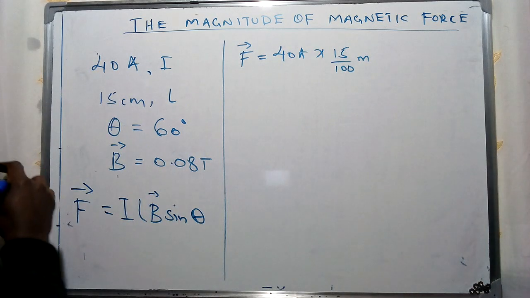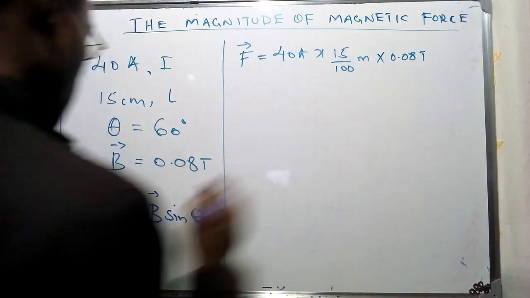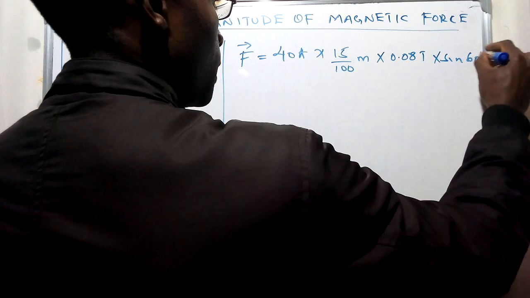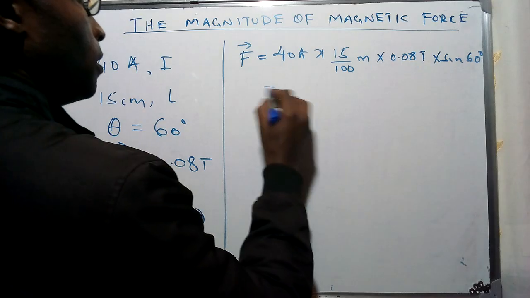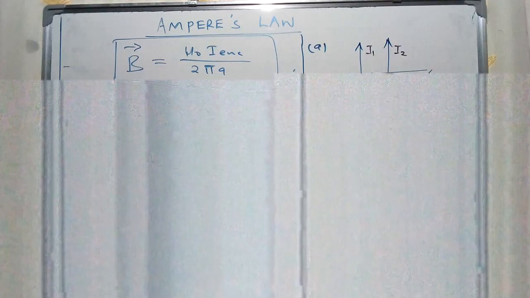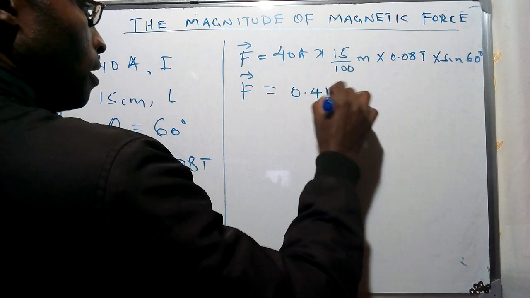So I've done a direct conversion for this one, times 0.08 Tesla, and then the sine of 60 degrees. In this case, we are going to see that this is 0.46.